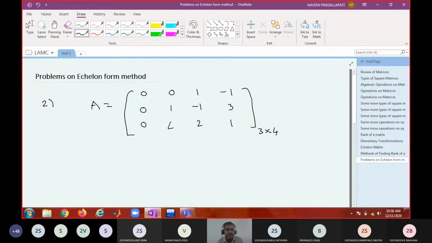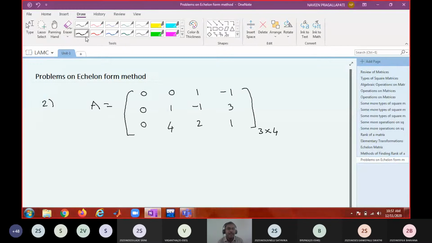Let us say this is 4. Then I'm able to see two non-zero entries below this. So I can interchange this row with the second row or third row. Which row do you want me to interchange? Second is better because a 1 will be occupied, so that my calculations may be easier. Am I right?